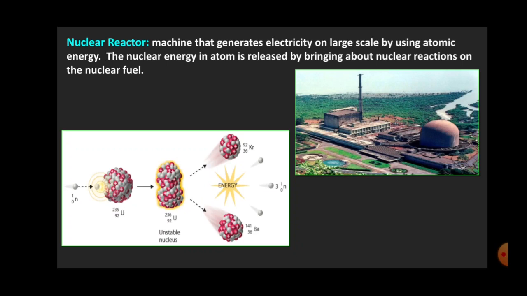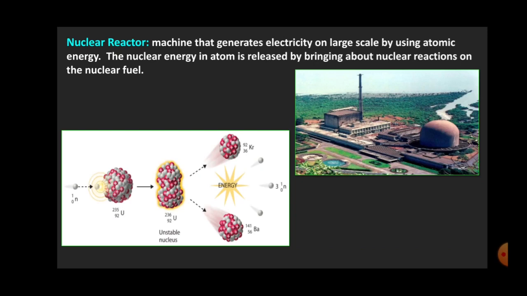So when this uranium-235 is bombarded by neutrons, a chain reaction of nuclear fission takes place, which you can see in the picture, and this reaction, once it starts, doesn't stop, it continues. So what will happen? The number of atoms is increasing.